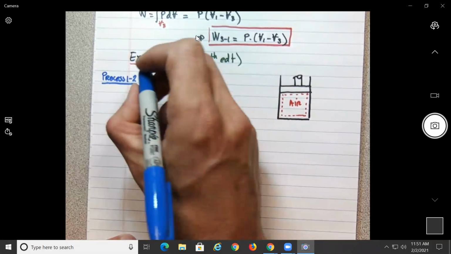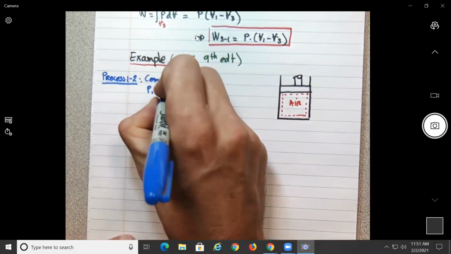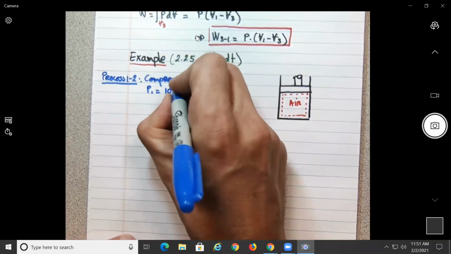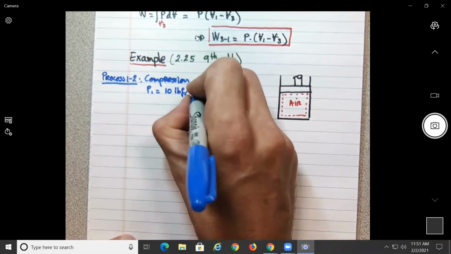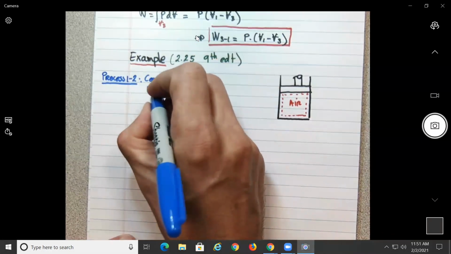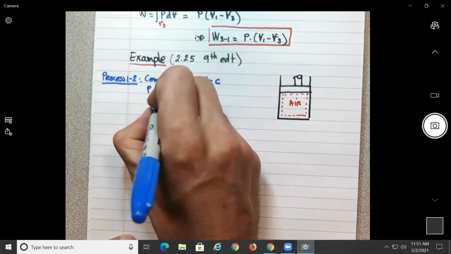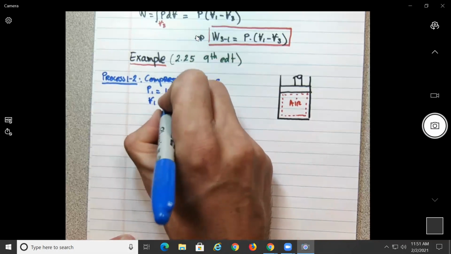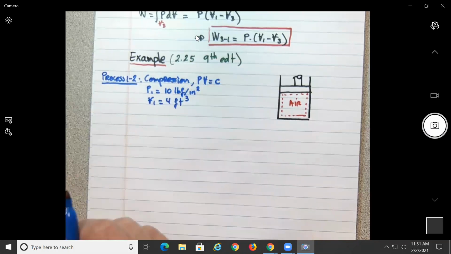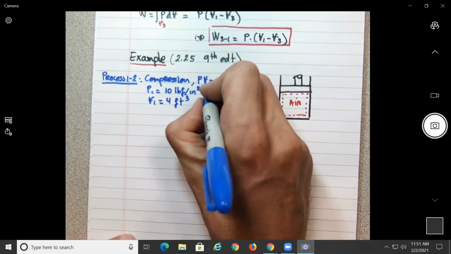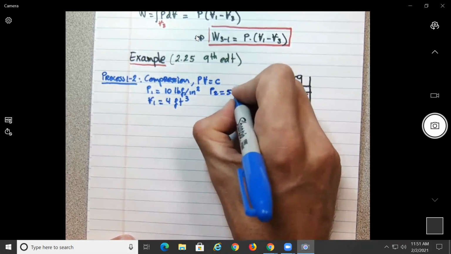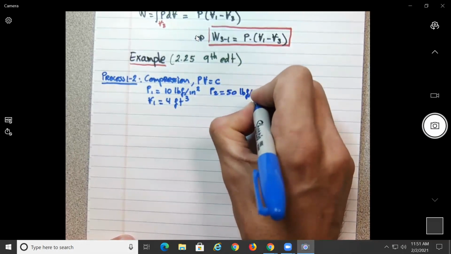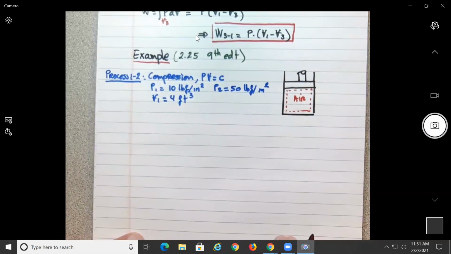They give you that P1 is equal to 10 lbf per square inch, so PSI, V1 equal to 4 cubic feet, and P2 is equal to 50 lbf per square inch.